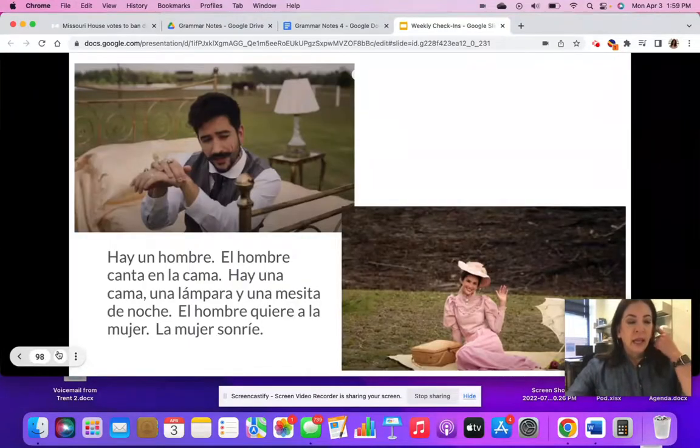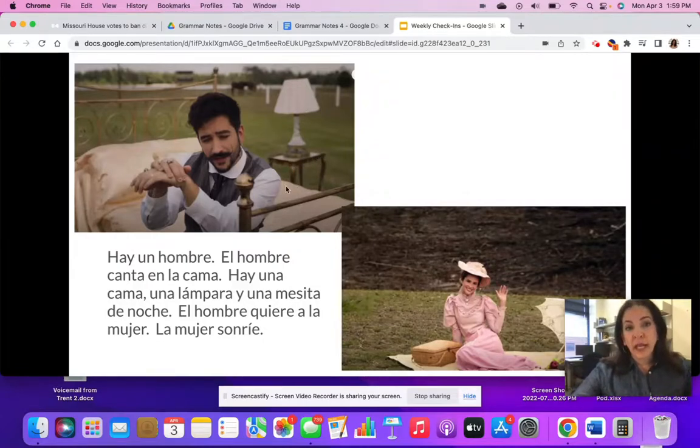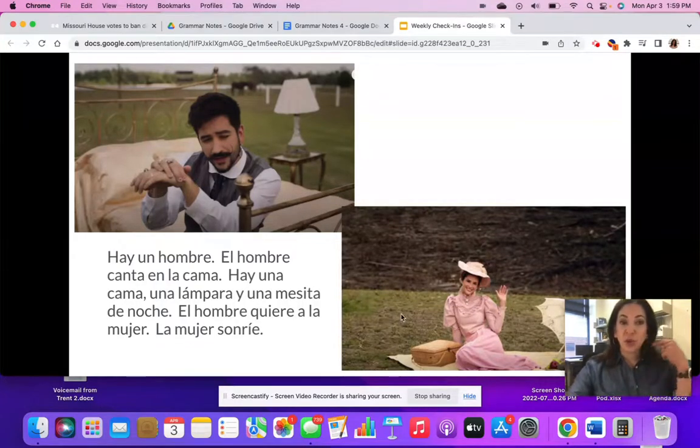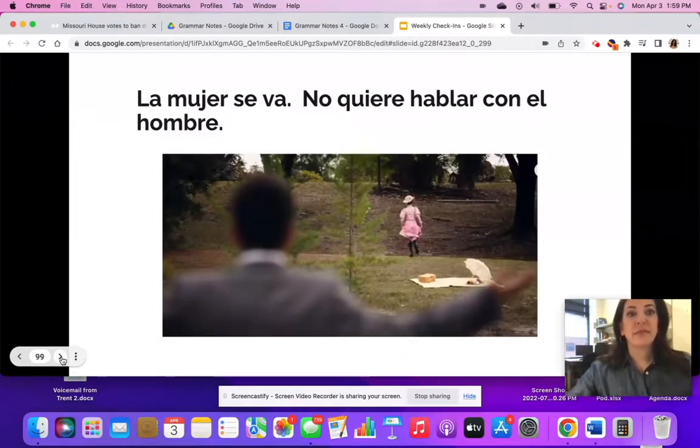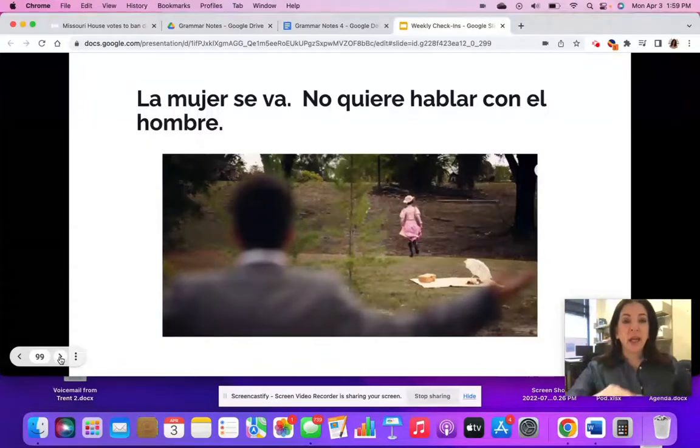So aquí es la historia. Hay un hombre y el hombre canta en la cama. Canta en la cama. Hay una cama, una lámpara y una mesita de noche. El hombre quiere a la mujer. La mujer sonríe. Ella sonríe. Pero la mujer se va.